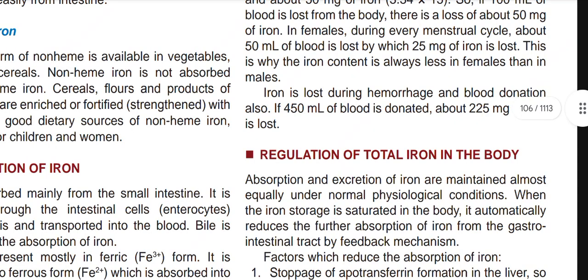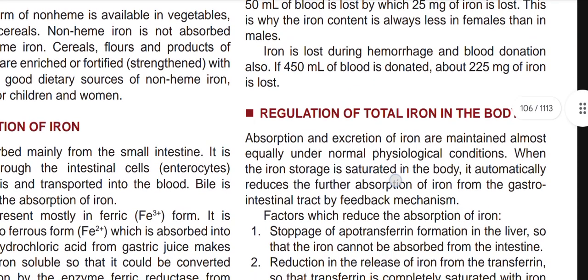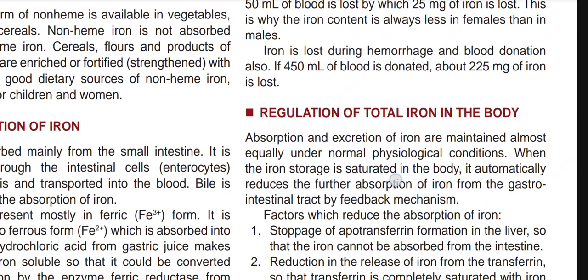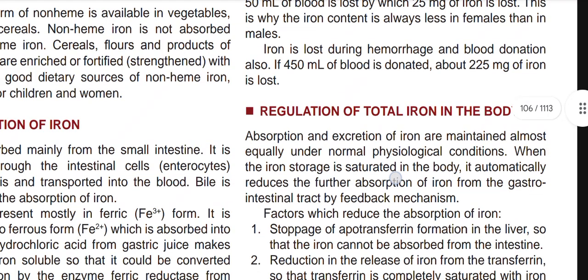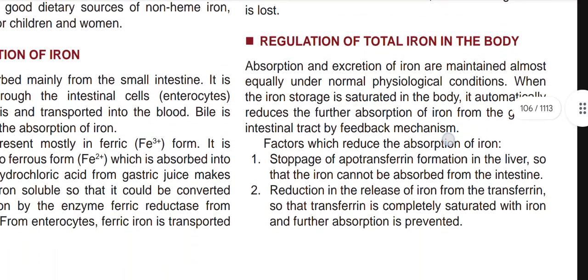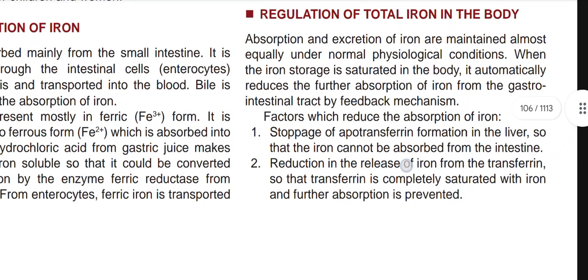Iron is also lost during hemorrhage and blood donation. If 450 ml of blood is donated, then about 225 milligram of iron is lost. Now, regulation of total iron in the body. Absorption and excretion of iron are maintained almost equally under normal physiological conditions.